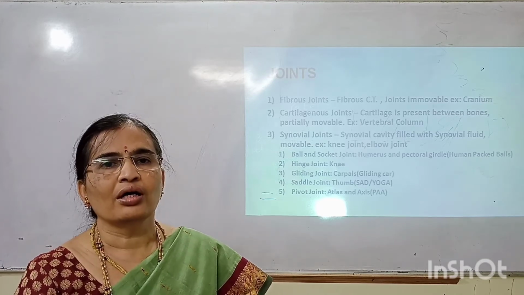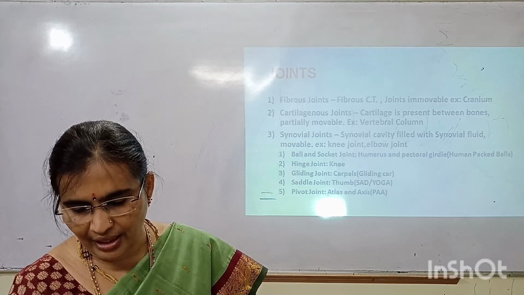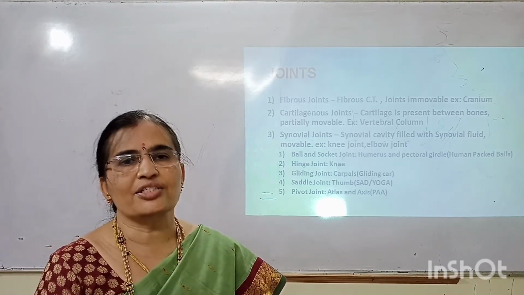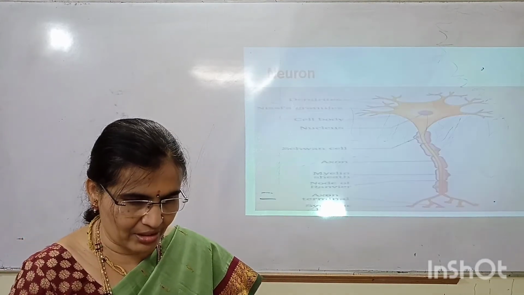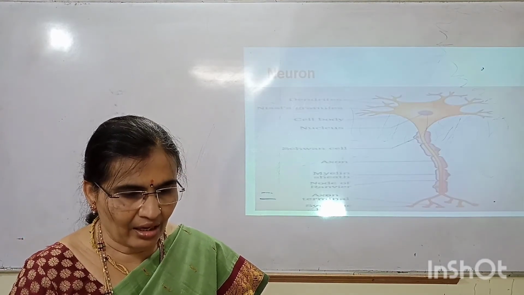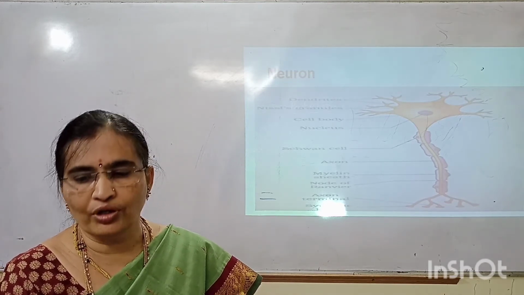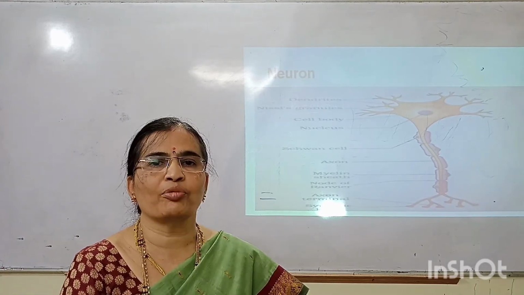Next we have to discuss the disorders of the skeletal system. Myasthenia gravis. Myasthenia gravis is an autoimmune disorder. What is meant by autoimmune disorder?